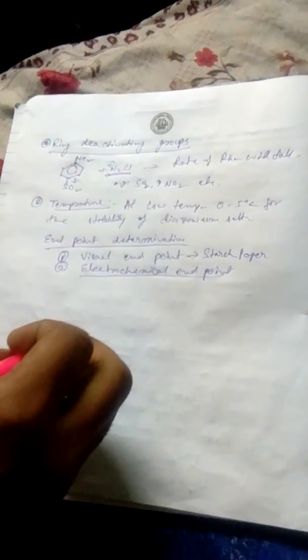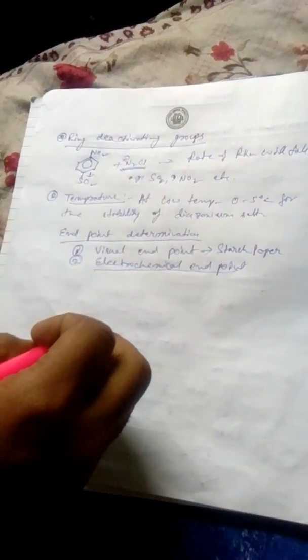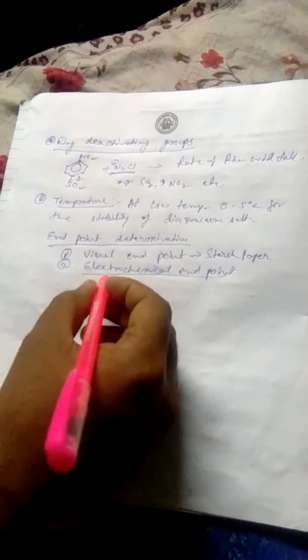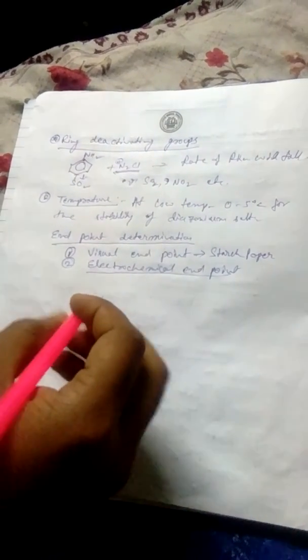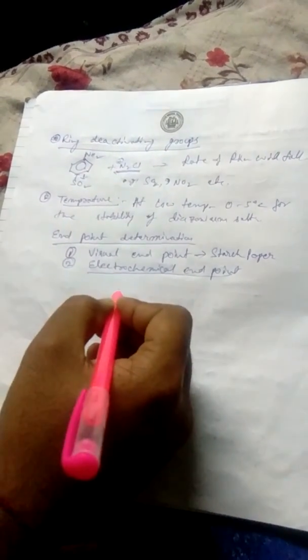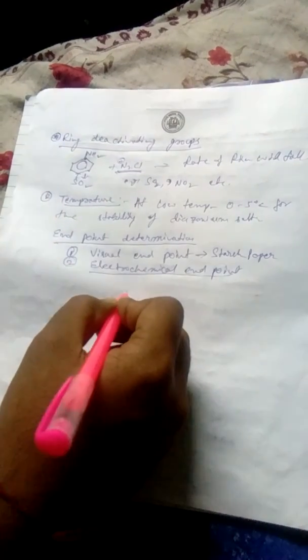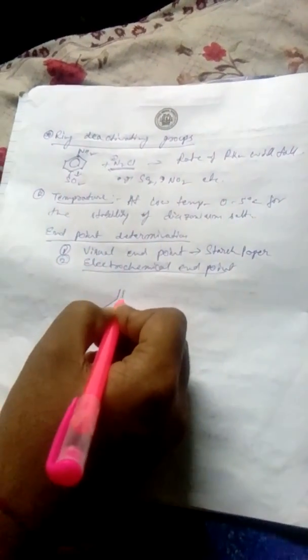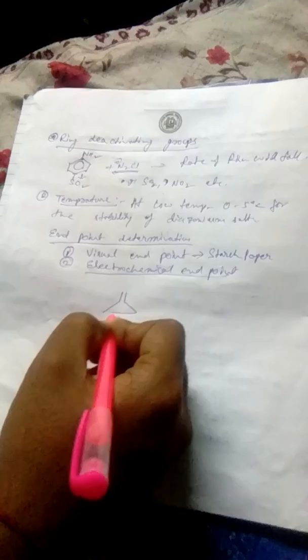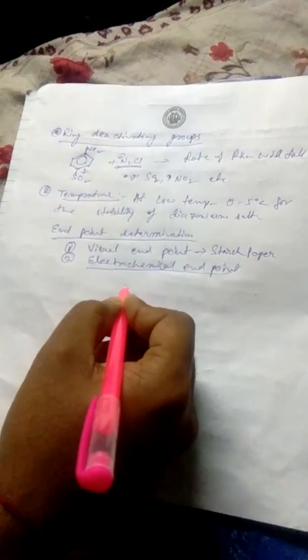In the electrochemical endpoint, we will set up an equipment. This is the conical flask.